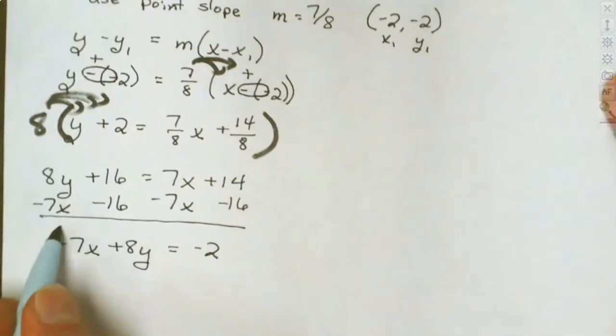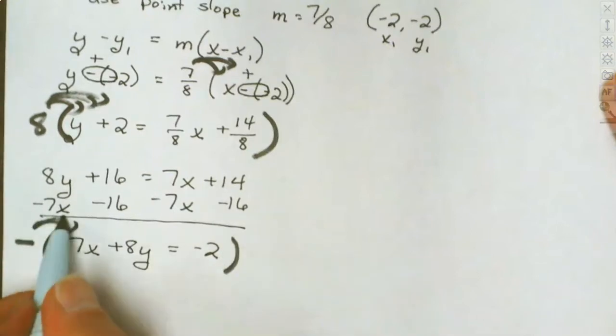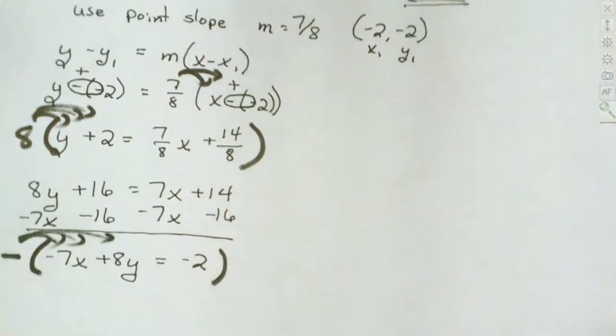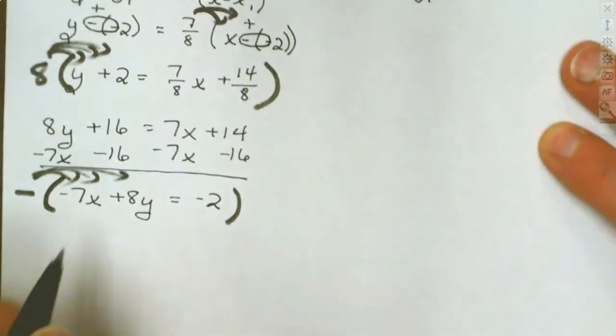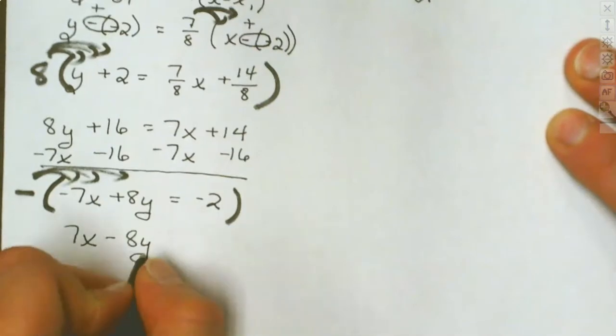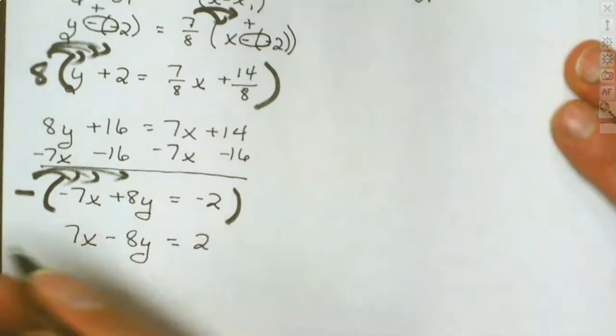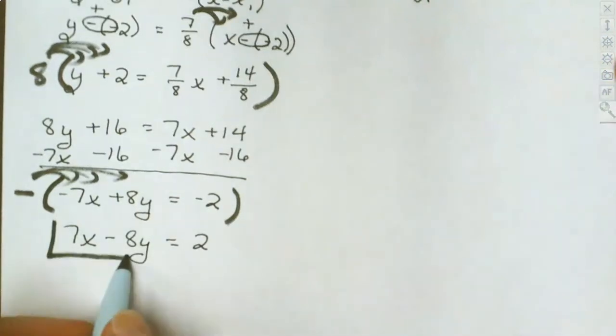So it's not quite there, so use a negative and distribute it through. Then we have our answer in standard form, which is 7x minus 8y equals 2. And that is in now standard form.